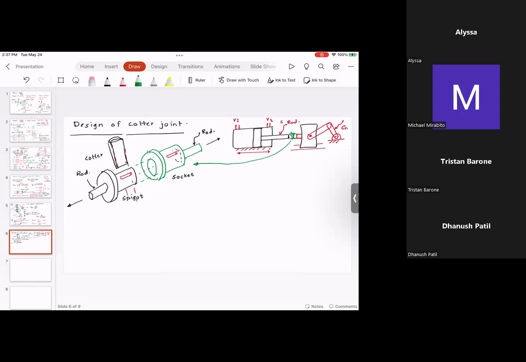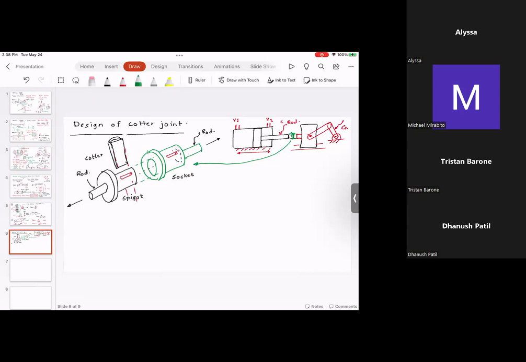Now there are different ways this Cotter joint can fail. Either the spigot end could fail, or the rod end could fail, or the socket end could fail. But please try to understand the failure modes will be similar to the stresses and failures that we have seen earlier.